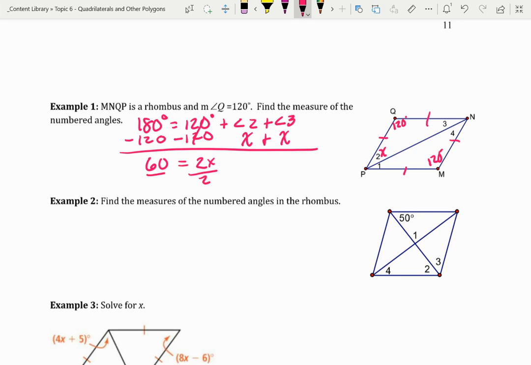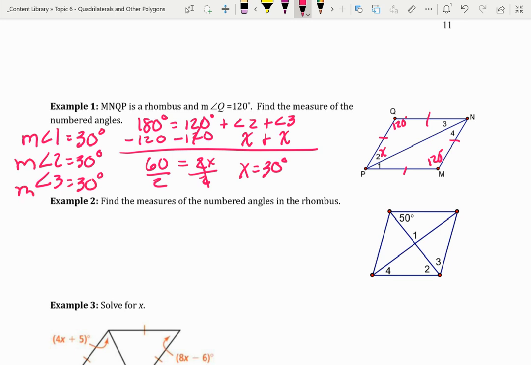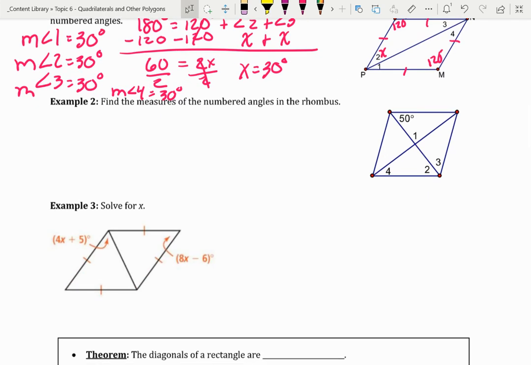We divide by 2. X equals 30. So the measure of angle 1 is 30 degrees. Angle 2, angle 3, and then the measure of angle 4 is also 30 degrees. Okay. Example 2, find the measures of the numbered angles of the rhombus.